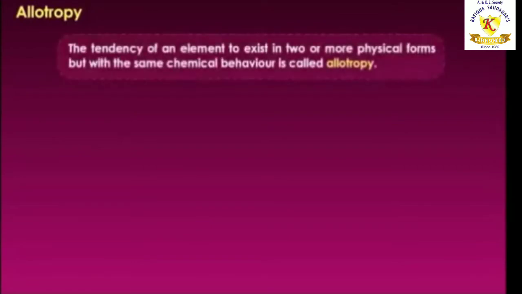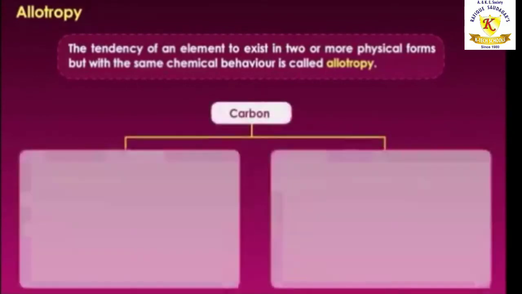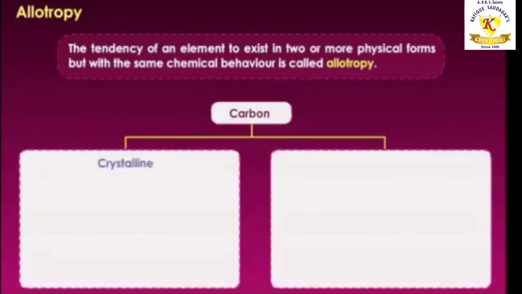What is allotropy? The tendency of an element to exist in two or more physical forms but with the same chemical behavior is called allotropy. Understood, children? Now, the allotropes of carbon are crystalline or amorphous form.